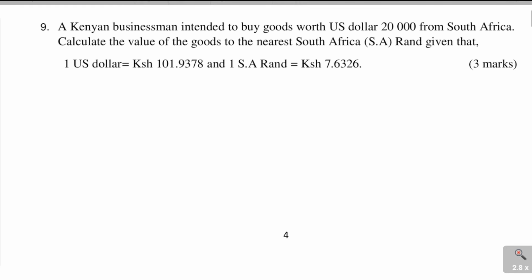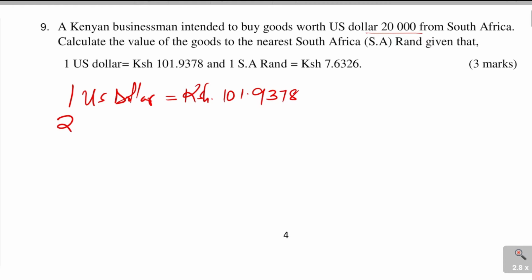So we're supposed to convert first thing $20,000 to Kenyan shillings. Then the Kenyan shillings, we convert them to South African rand. So $1 is equivalent to 101.9378. So what about $20,000? So that one you just need to multiply to convert.